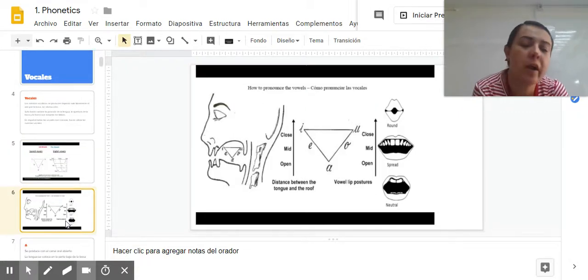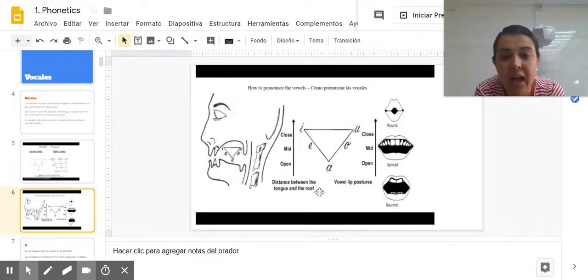Here is what I was explaining about the sounds. You can see the lips round, spread or neutral, and you can see how they change the distance between the tongue and the roof of the mouth and the lips.